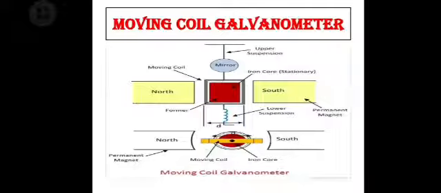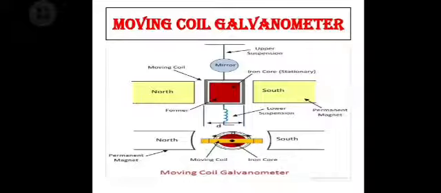So, this is the diagram of a moving coil galvanometer. The moving coil galvanometer consists of a coil. One end of the coil is attached to a rigid support so that it can freely move, and the other end is connected to a pointer through a spring.